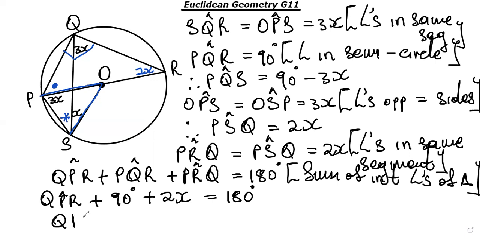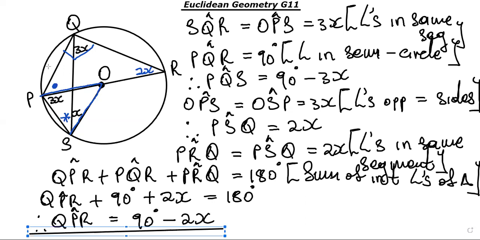So it becomes negative. So 180 degrees minus 90 degrees, it's 90 degrees. And we still have our 2x there. So that's the size of angle QPR.